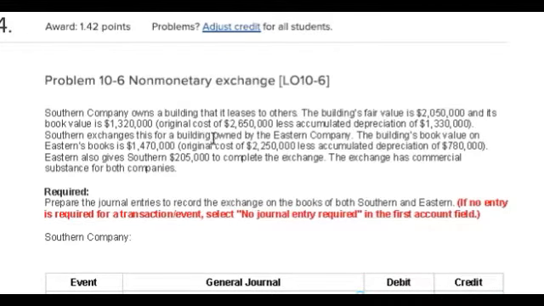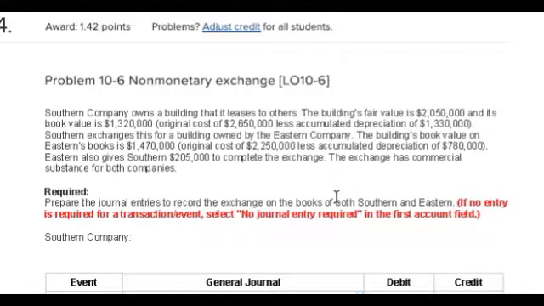It says cost was 2.65 and it had an accumulated depreciation of 1.33. So they did the calculation for you already. This cost minus accumulated depreciation would give you book value. That's good information because we need to calculate gain or loss.